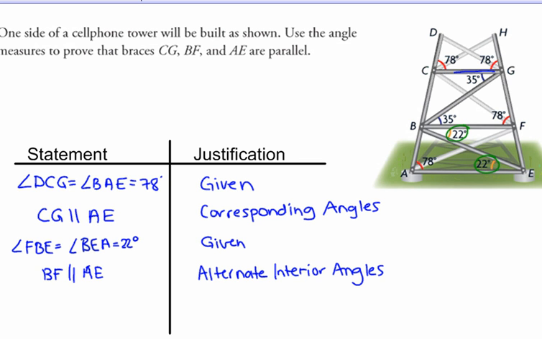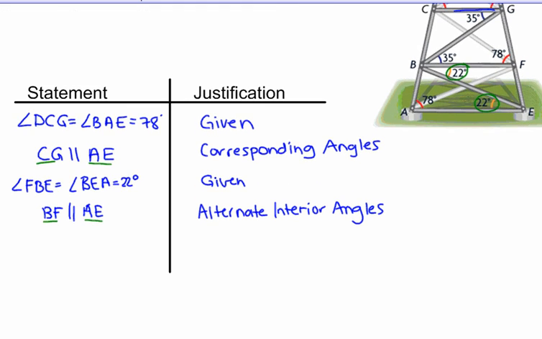Okay, so here we have CG is parallel to AE and BF is parallel to AE. So what can we conclude about CG and BF? Well, then they must be parallel to each other. And why is that? What property is that? That's the transitive property. So there's our proof.